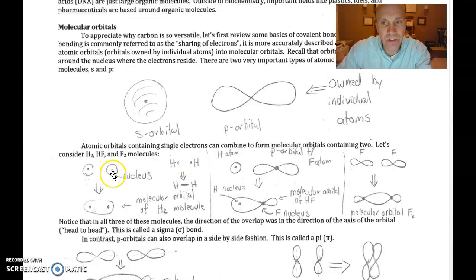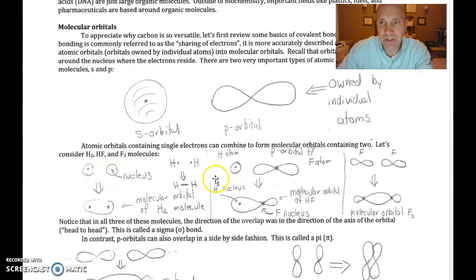So essentially what happens is that two individual atomic orbitals can overlap to make a molecular orbital. And the electrons of the molecule reside in that molecular orbital just in the same way that the electrons in the individual atoms would reside in the atomic orbitals. So what this shows is two s orbitals overlapping.